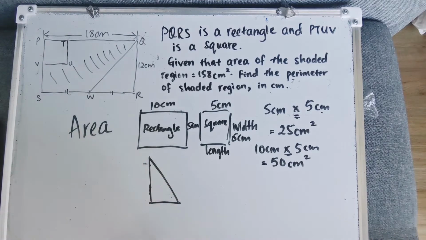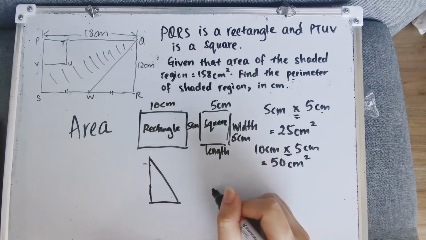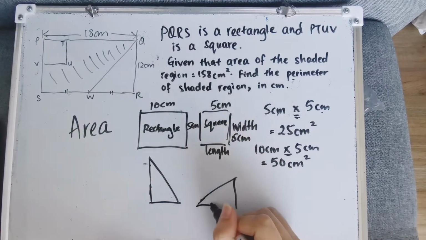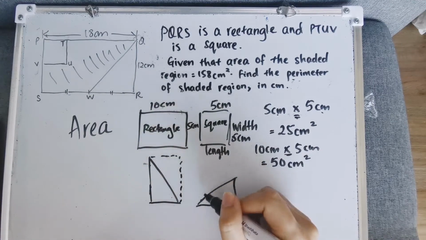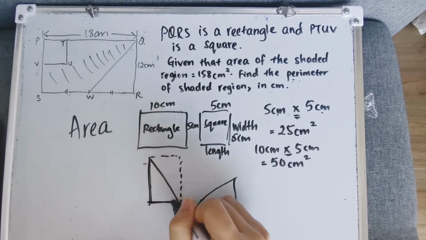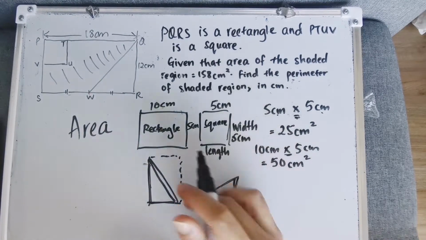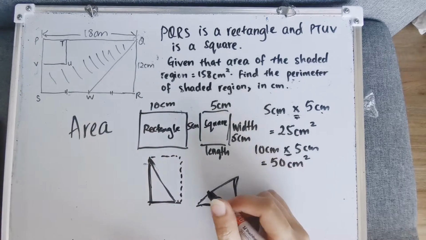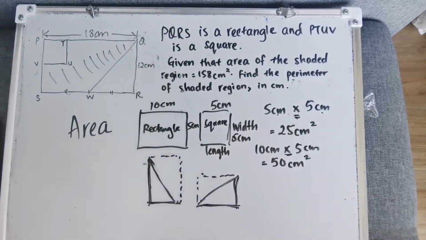What about your precious little triangle? It's either a right triangle like this, or like this. Both are the same, meaning both are half of your rectangle or your square.